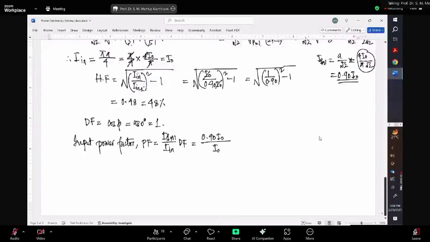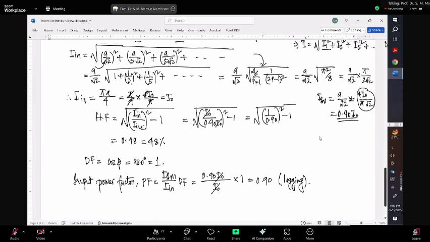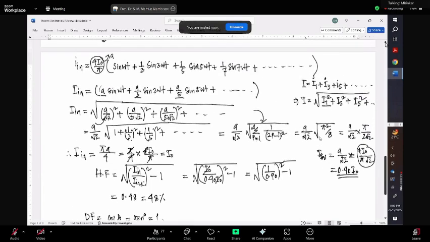I naught. And what is your displacement factor? 1. So what should be the input power factor then? 0.90, and it should be lagging. Why should it be lagging? Because you have an inductive load here, right?